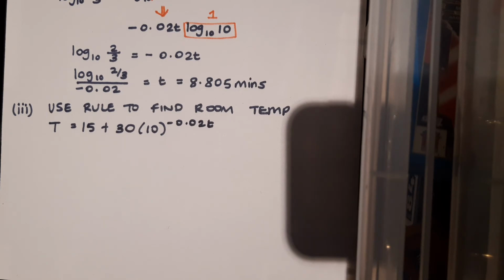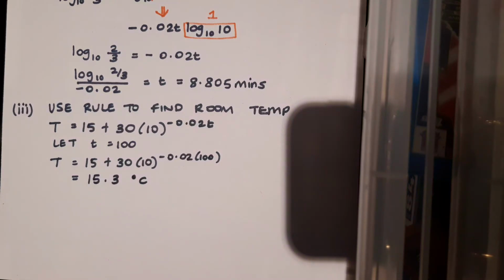So I'm going to say that I leave the bottle sitting on the counter for, we'll say, 100 minutes, because I reckon after 100 minutes it's probably cooled down to room temperature. Now I can just substitute this 100 in and evaluate. When I work this out, I'm going to get an answer of 15.3 degrees Celsius.